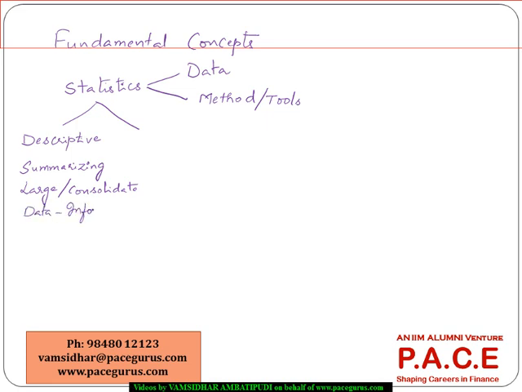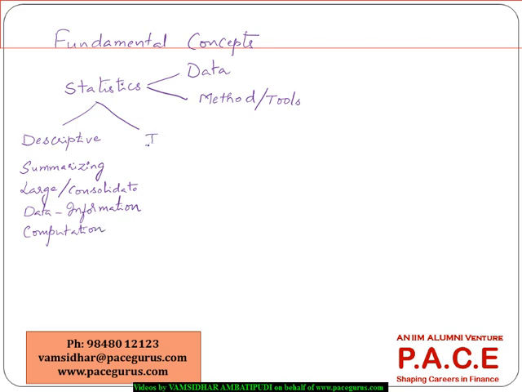The data is getting transformed into useful information. That is what is being taken care of by the descriptive statistics. So either I summarize, or I do basic computations on the data, all those are part of my descriptive statistics.